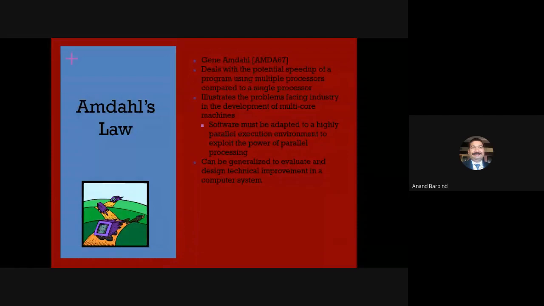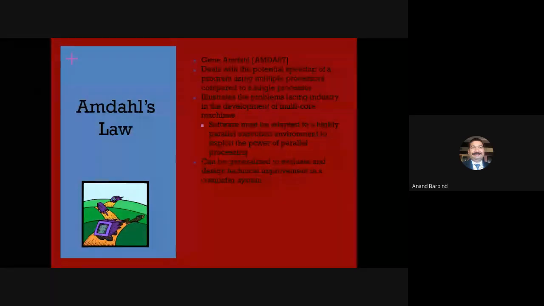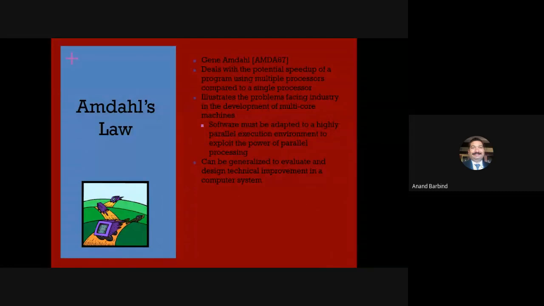Okay, then to measure the performance, one of the important parameters is Amdahl's law, used to measure the performance of a particular computer.